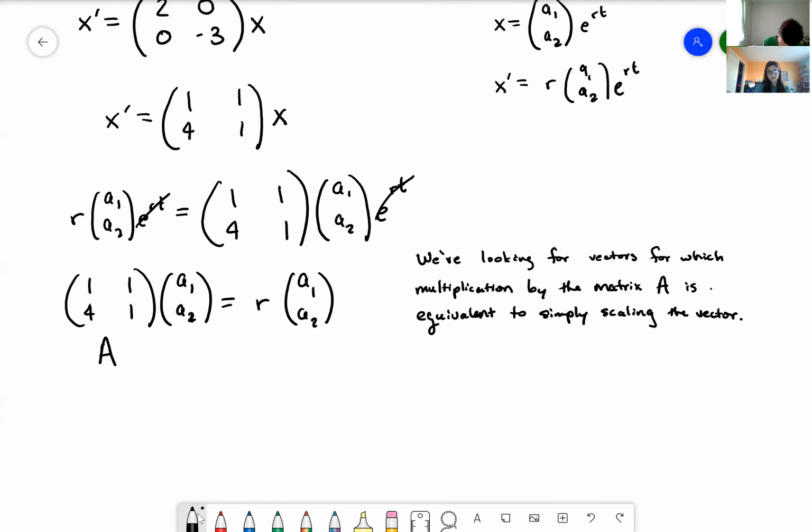And I'm going to give the vector a name. I'm going to call it V. So what we're looking for is vectors that when this matrix acts on them by multiplication, that action is simply to just scale the vector by some amount.